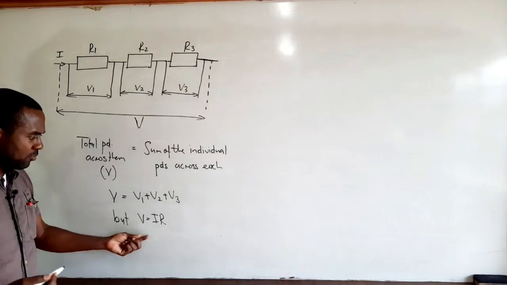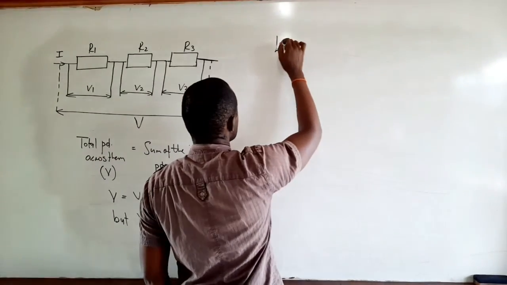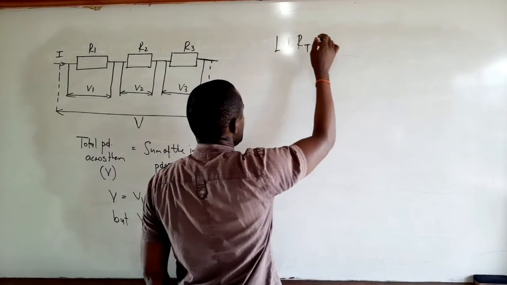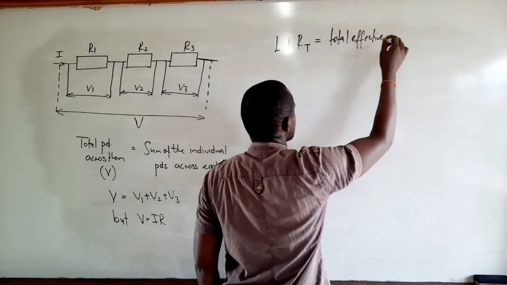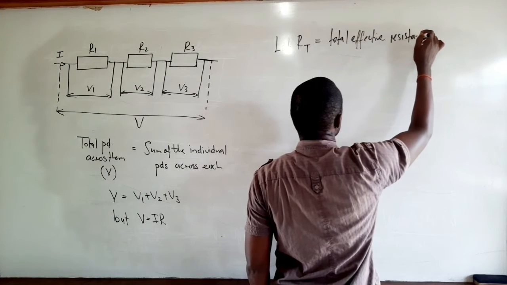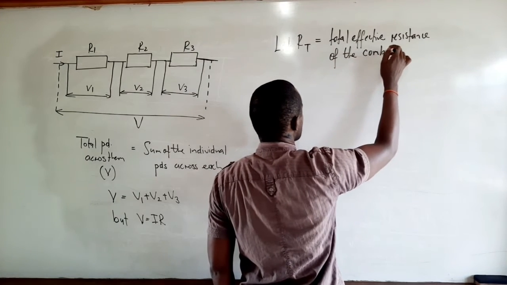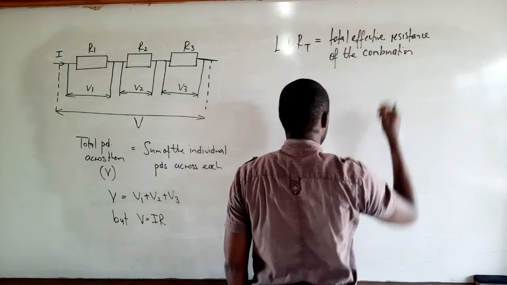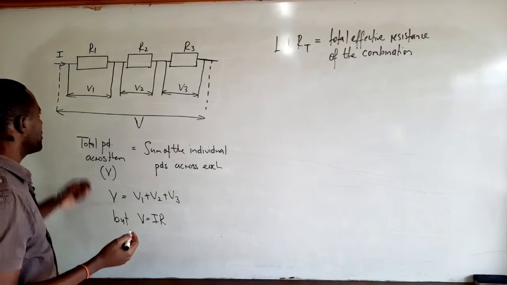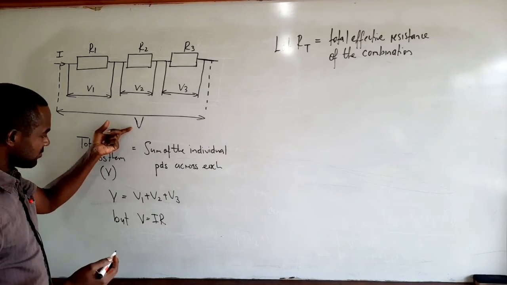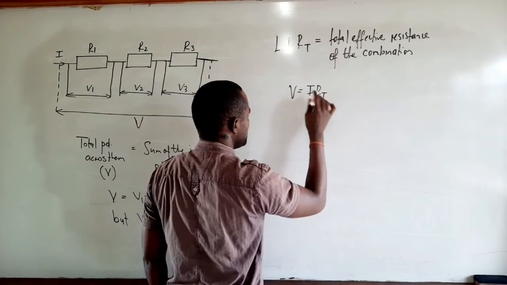And of course, we let RT be equal to the total effective resistance of the combination. So in the case of the total PD, V, we can say that V is equal to I RT.